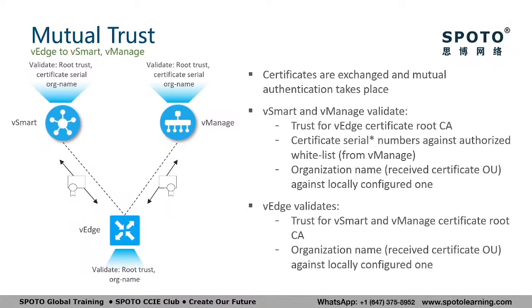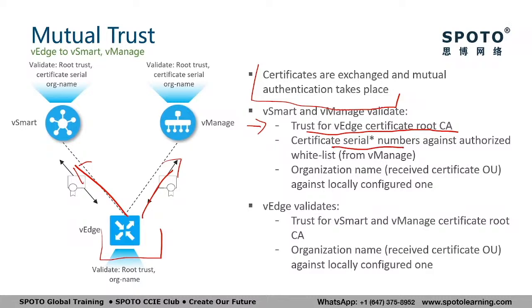Mutual trust for vEdge to vSmart and vManage. So the vEdge here for vSmart and vManage, it's the same idea about how they are exchanged and mutual authentication takes place. So two parts. The first one is vSmart and vManage validating trust for the vEdge certificate root CA.